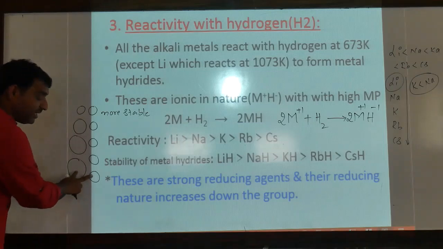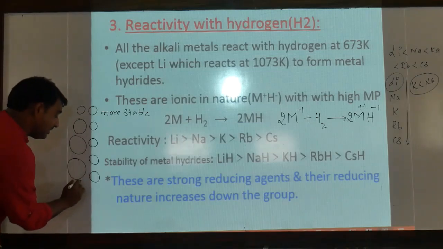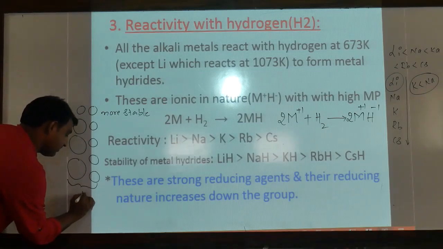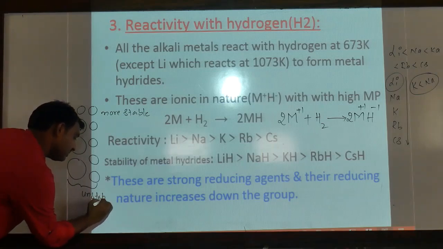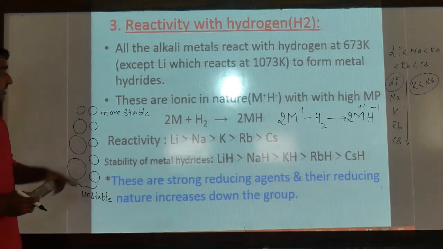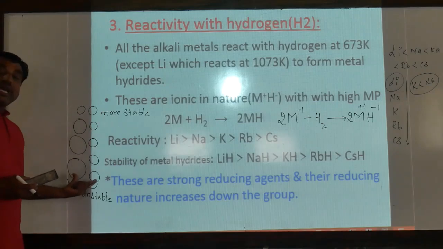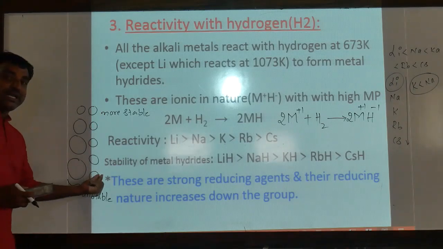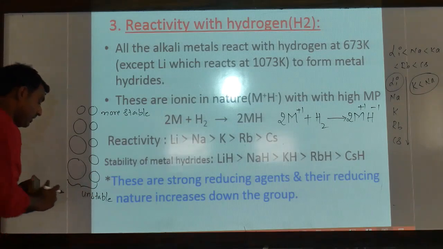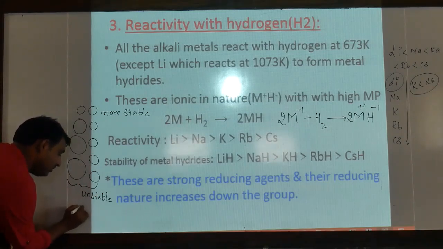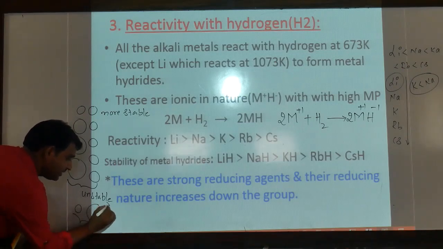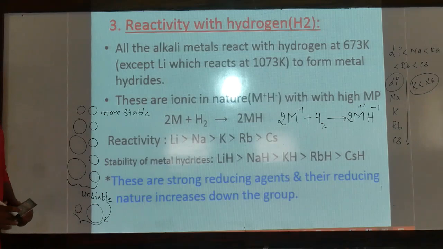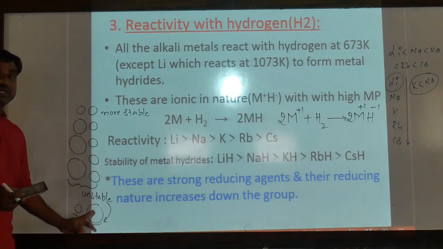If the size variation is more, it will be unstable. When sizes are almost similar, stability is more. If the size variation is large, this is the cation, this is the anion, so the anion will be larger and the cation smaller. This is also unstable in nature, so it has less stability.